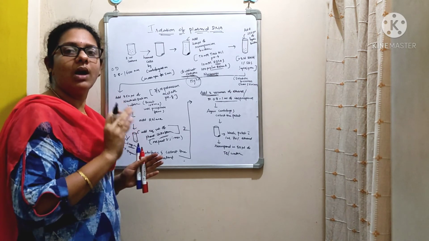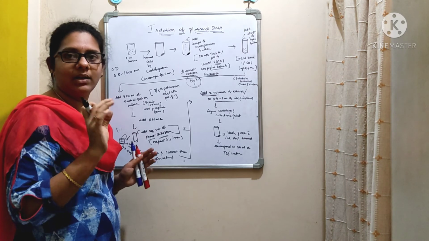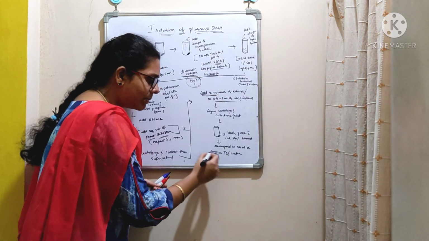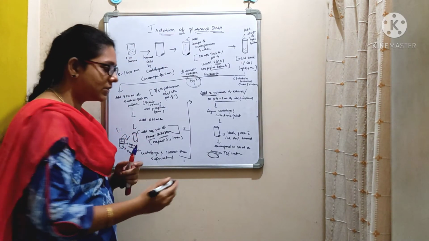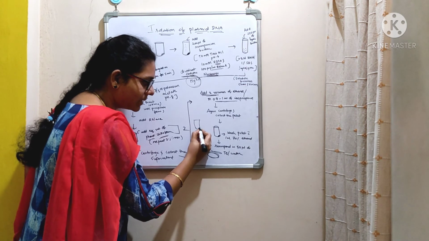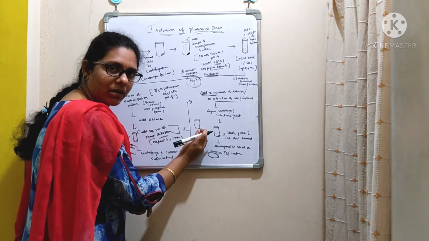So you have to discard the solution, leaving the pellet in the Eppendorf tube. Then that pellet is to be air dried. For example, this is the Eppendorf tube and this is your plasmid DNA pellet seen at the bottom of the Eppendorf tube.